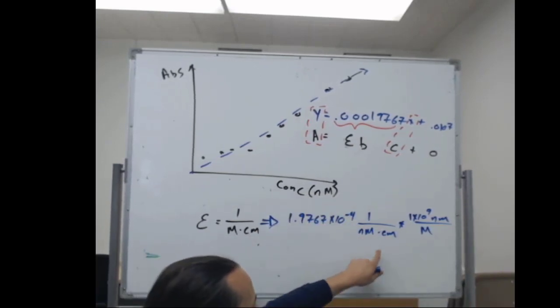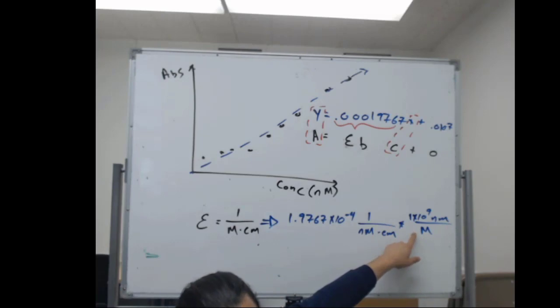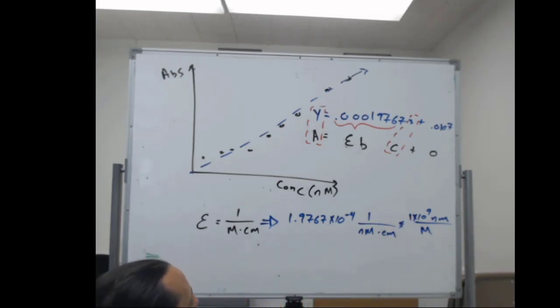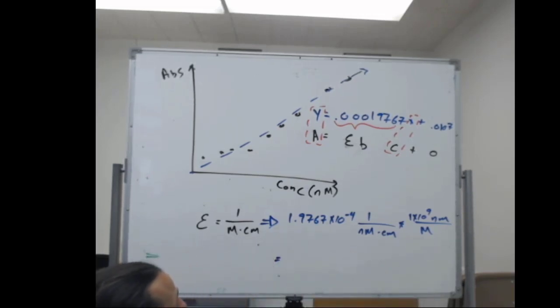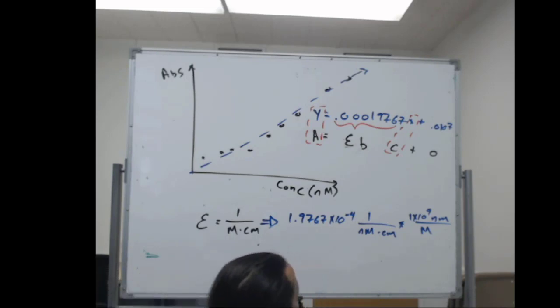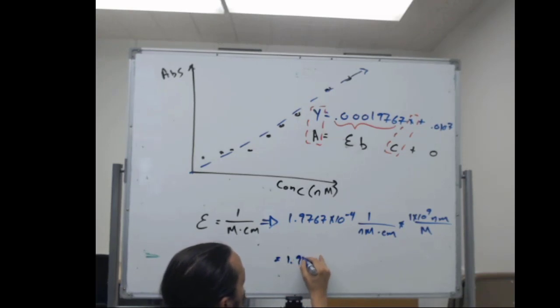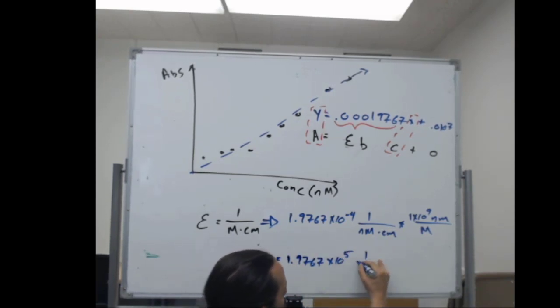Because the nano is that prefix. You could have done a minus 9 on bottom, but 1 times 10 to the 9 nanomolarity per molarity. You do that multiplication through. I should be able to do that in my head because it's just going to be 9 minus 4. So you should get 1.9767 times 10 to the 5, 1 over molarity centimeter.